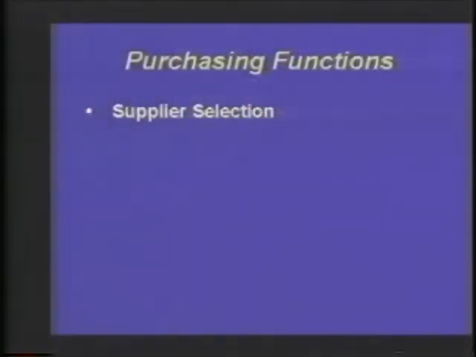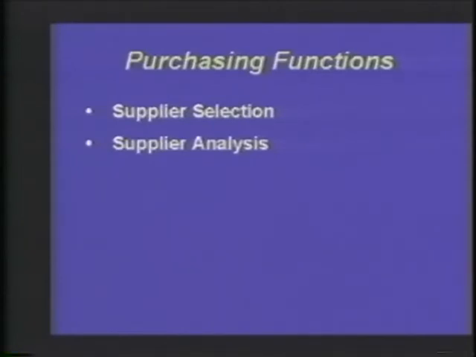The first one is supplier selection, and that is really the analysis by purchasing of the supplier. Secondly, supplier analysis, and that is to analyze all of the potential data elements that you would include in supplier selection.